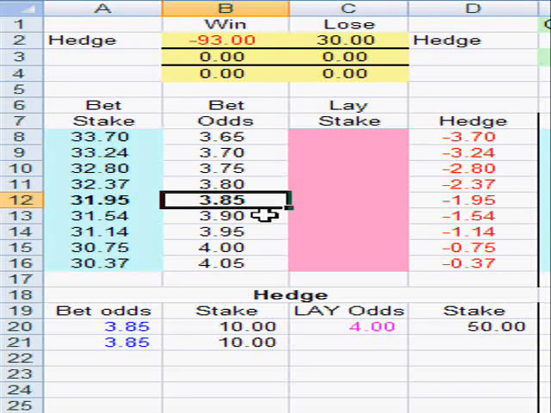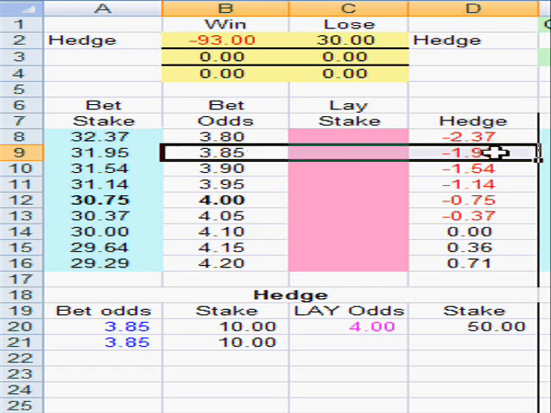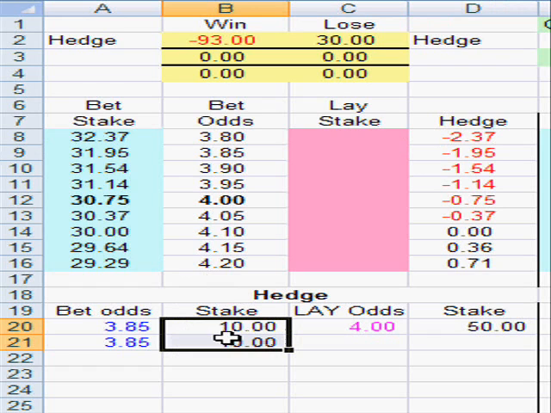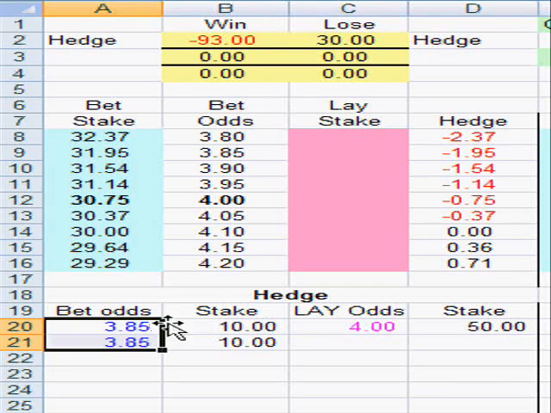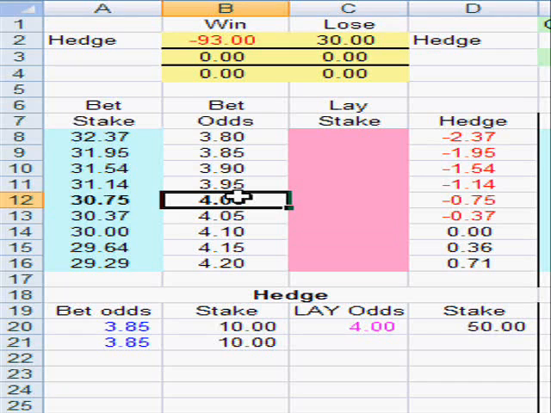So if I put 4 back up there now, you can see that at 3.85 we've still got a potential loss of 1.95 if we trade out at 3.85. But now, having placed these two £10 bets at odds of 3.85, the break-even odds are up at 4.1 instead of at 4.